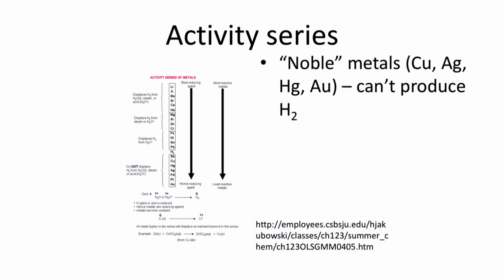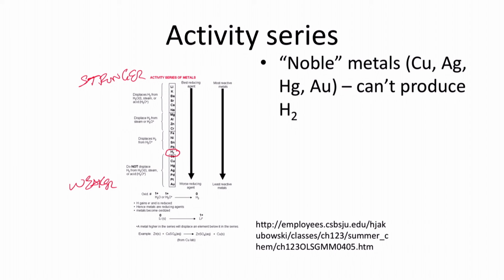So here's a table called the activity series, which actually demonstrates how reactive or how active these different metals can be. The way to read this thing, which I don't recommend you memorize, is anything on top is stronger than anything on the bottom. And right here is hydrogen.